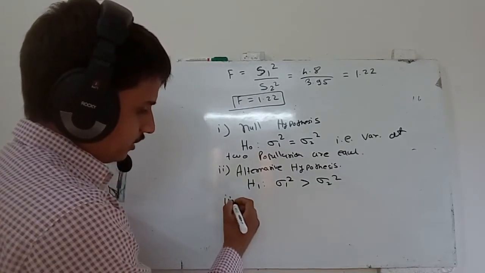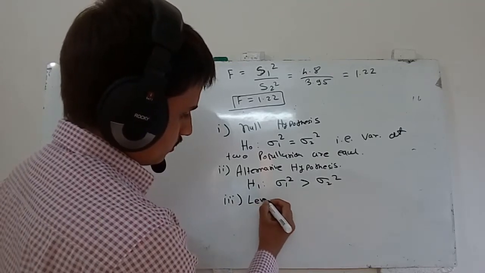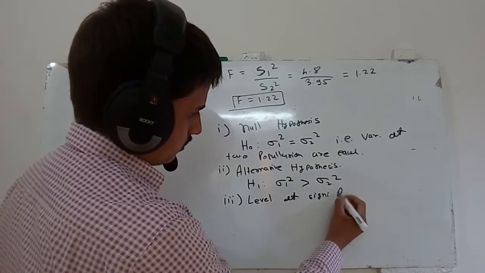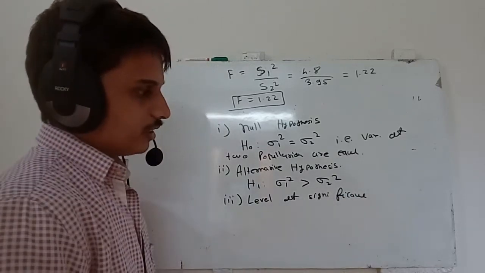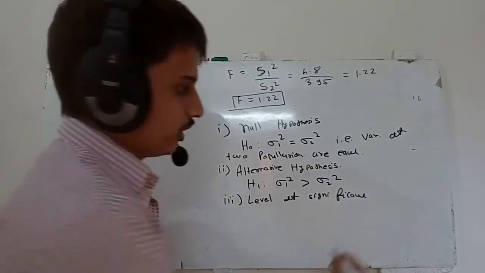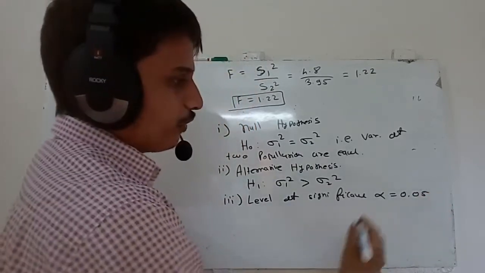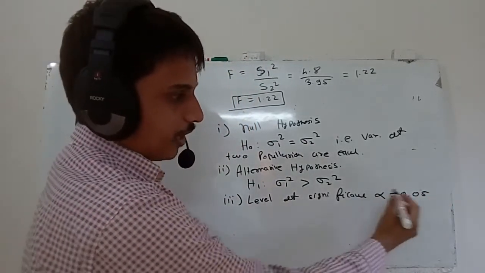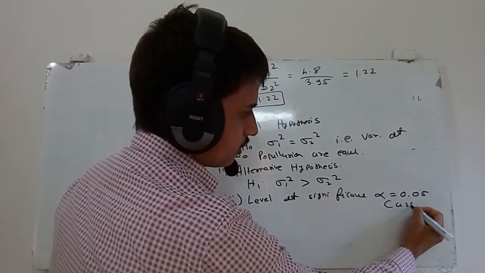Rule number 3 is level of significance. Now level of significance is given in our question. It is 5%, so it is 0.05. Now if this value is not given in your question, then you have to assume that alpha is 0.05.